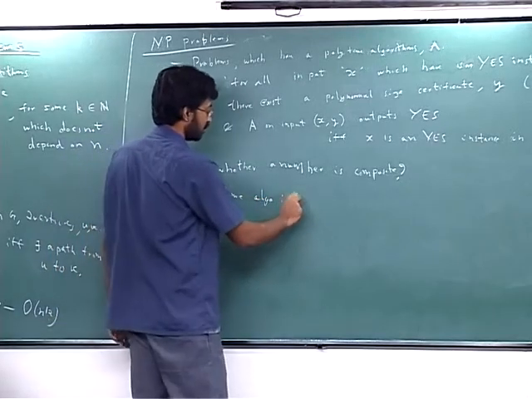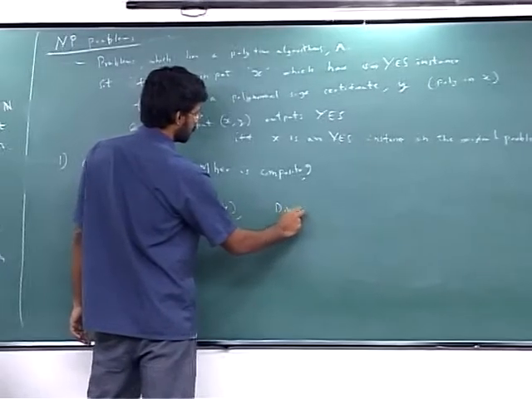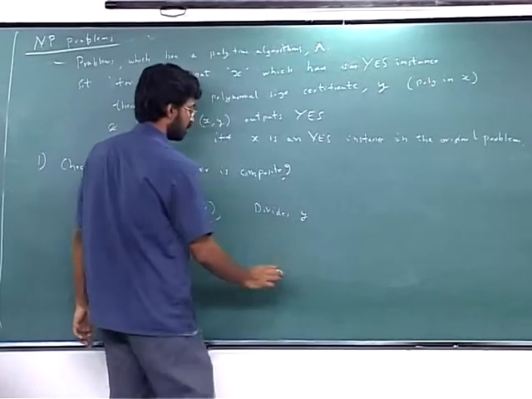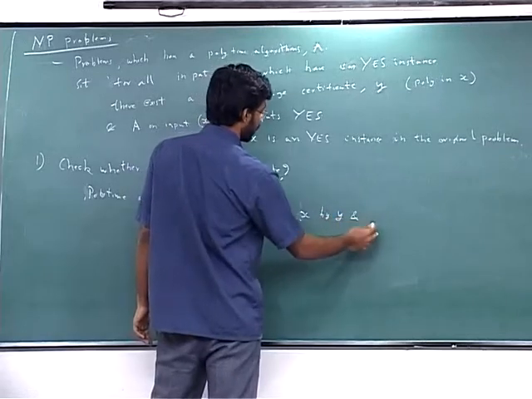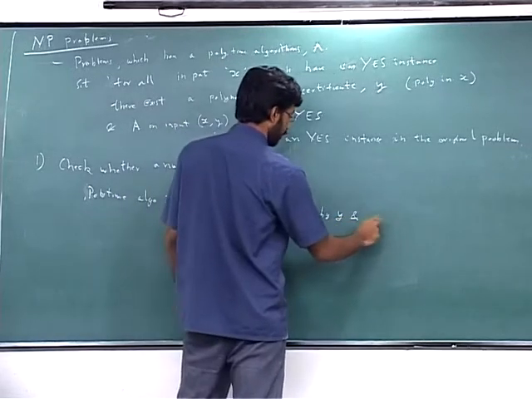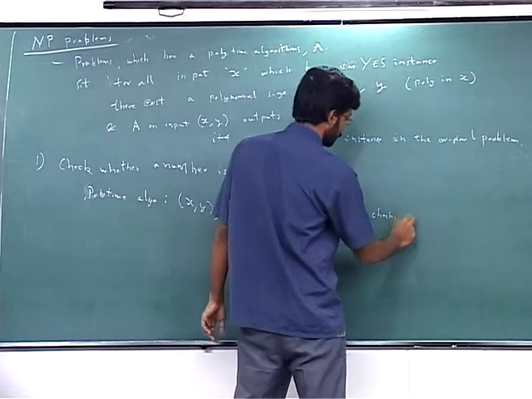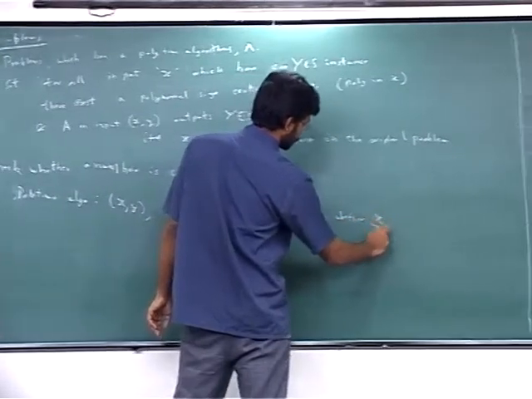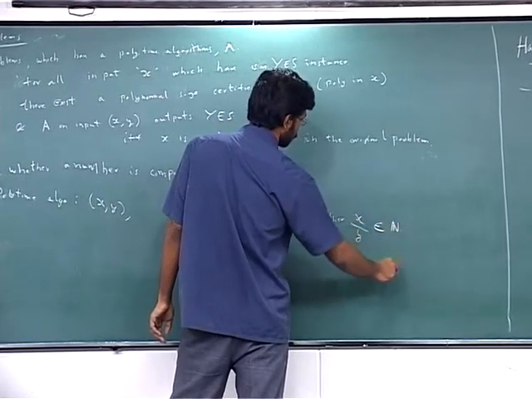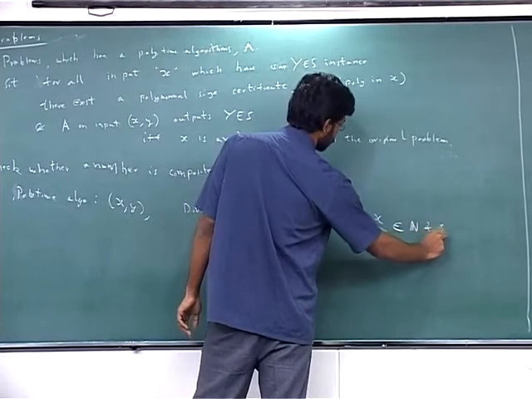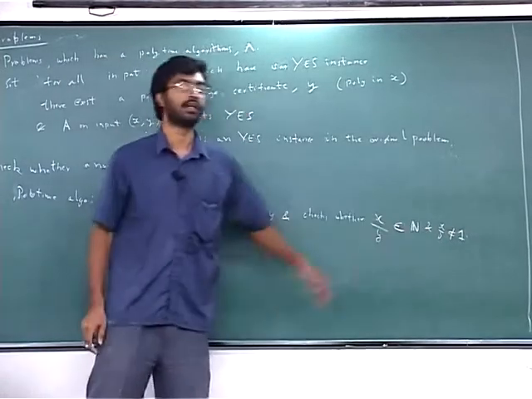Given input x and y, what it does is divide x by y, and checks whether x by y is an integer and x by y is not equal to 1.